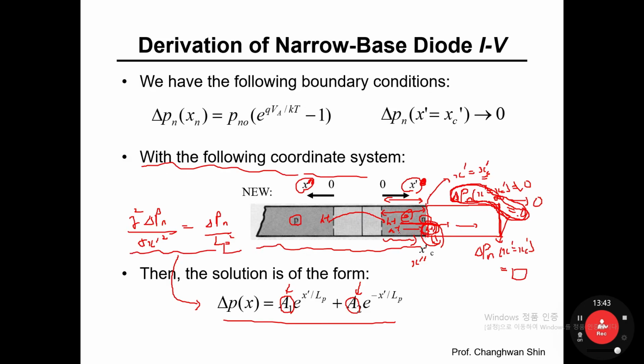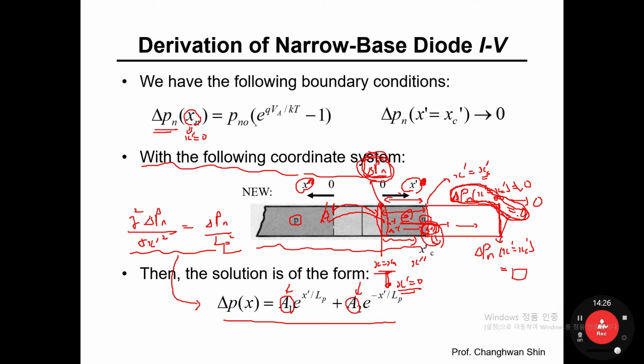So here, at x of xn, which corresponds to x prime equal to 0, how many excess holes are obtained? Delta p sub n under forward bias: a certain amount of holes are injected into the n side, and at this edge, at x of xn or x prime equal to 0, how much excess hole concentration is available?